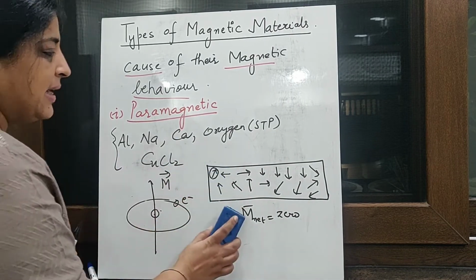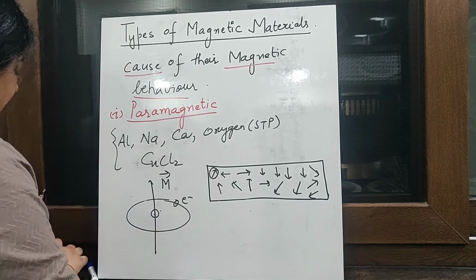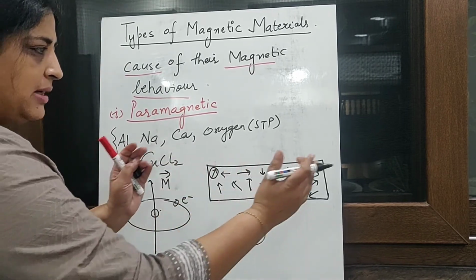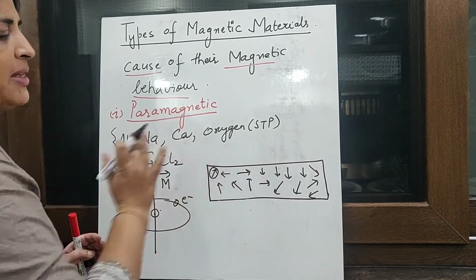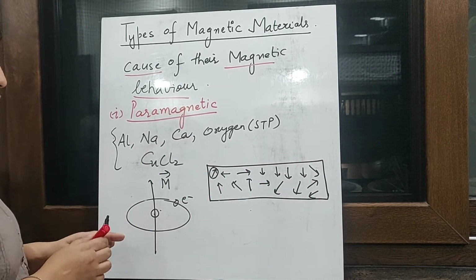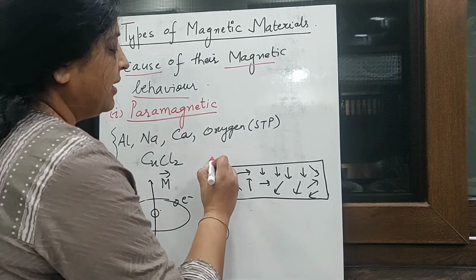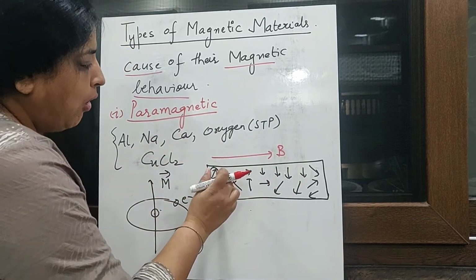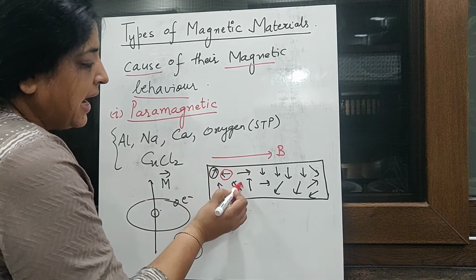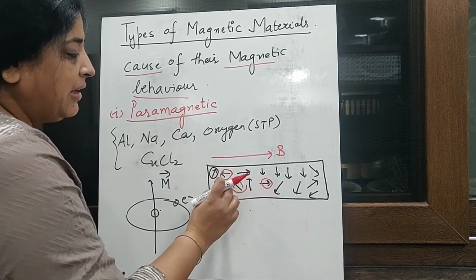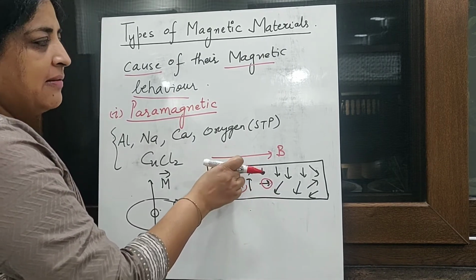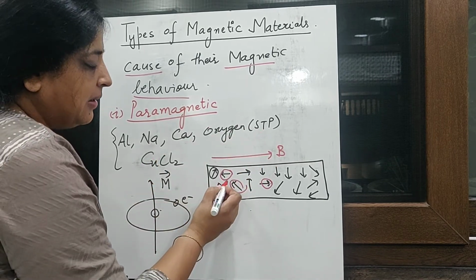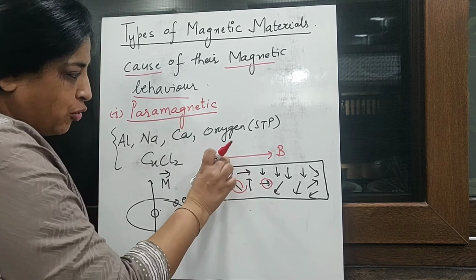Now you place this sample in a magnetic field, okay? So let us say there is a magnetic field and you have kept this sample inside it, and this is the direction of the magnetic field. Now all these magnetic moments will try to orient themselves in the direction of the field, and therefore they will start rotating.